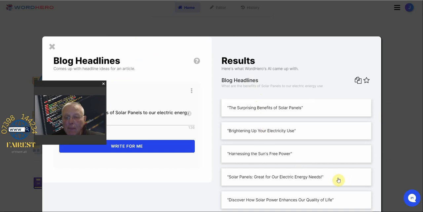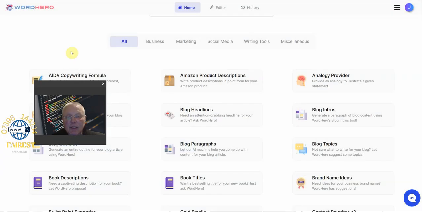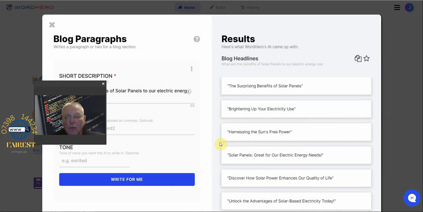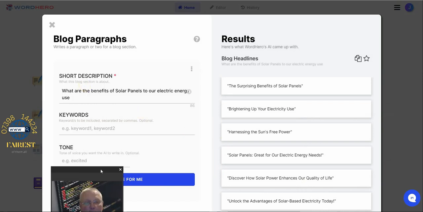In fact, what I'm going to do is we're just going to copy this. I'm going to close this headline down, and in fact it automatically does it, I've forgotten that.